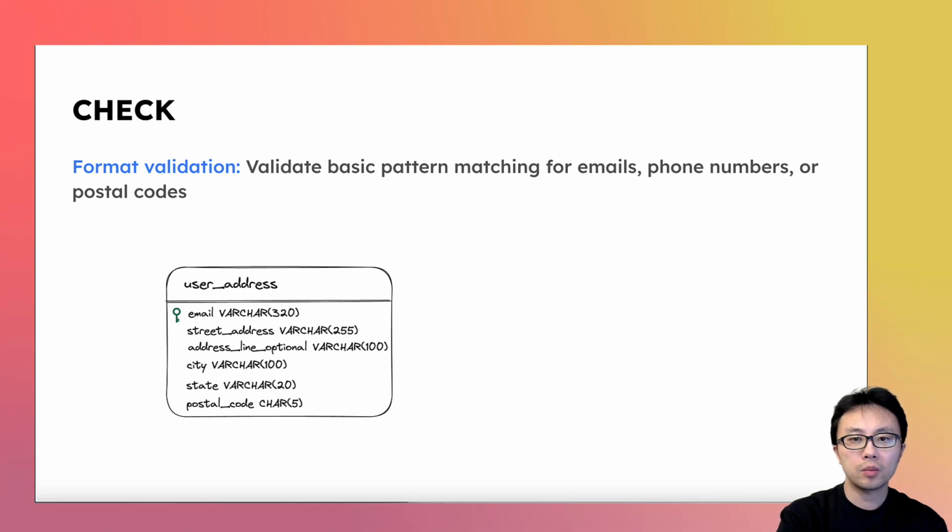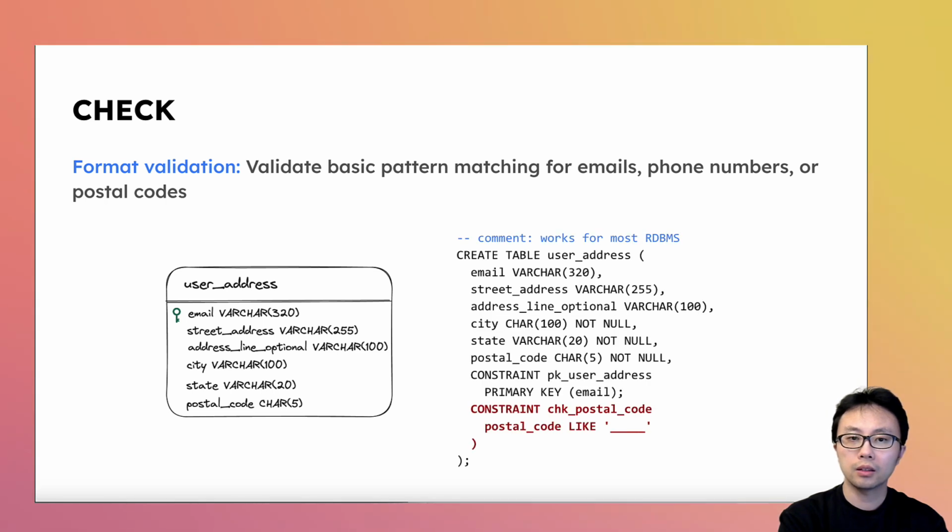Think about the same user address table that we've visited. The data type of postal code is CHAR(5), which means a fixed size string. If we wanted to apply a check constraint to further limit it to exactly 5 characters long, the constraint may look like this. You may wonder whether this is redundant because CHAR(5) can already handle this task by itself.